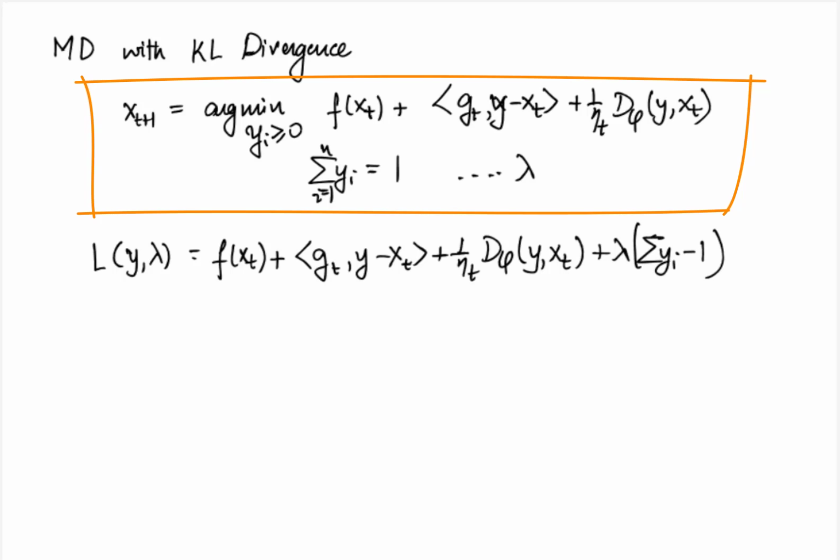Now we can write down the first order optimality condition, and let us ignore the non-negativity constraint for a moment. Also observe that the gradient of d phi of y comma x_t is equal to gradient of phi of y minus gradient of phi of x_t.